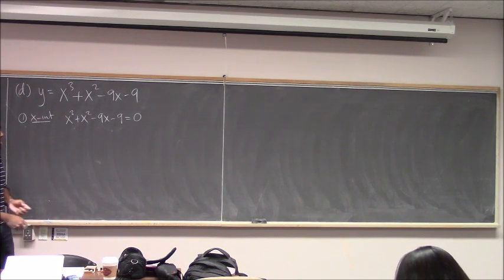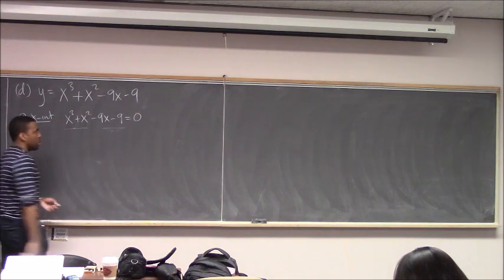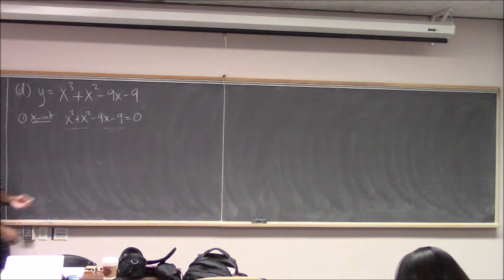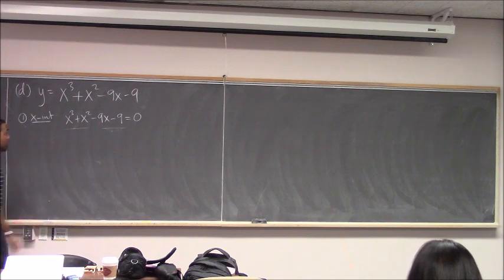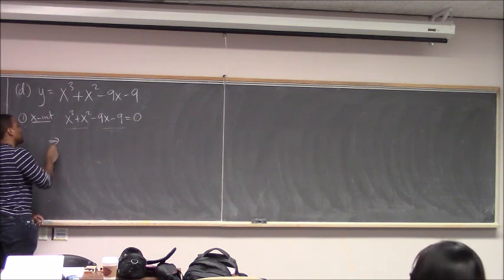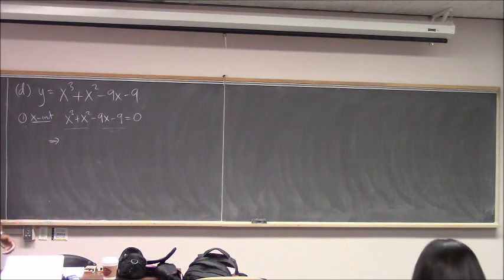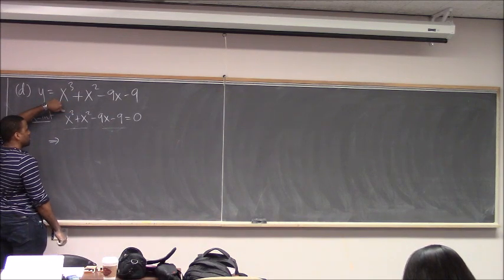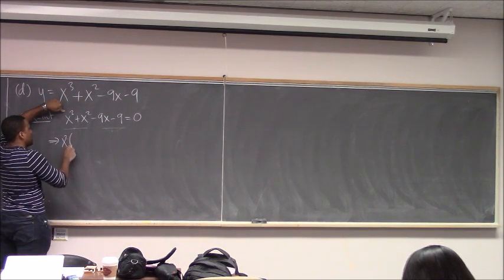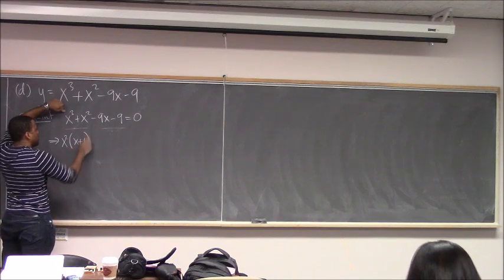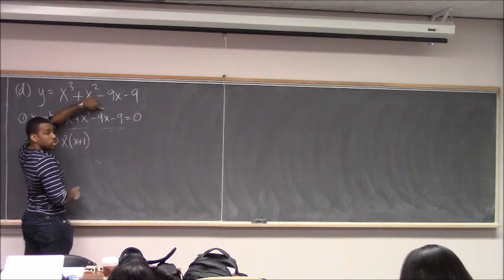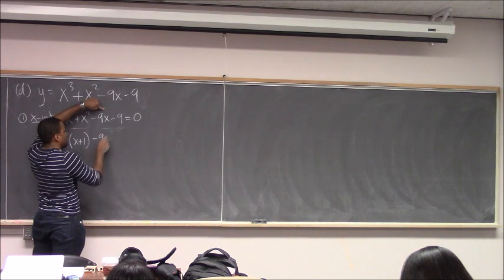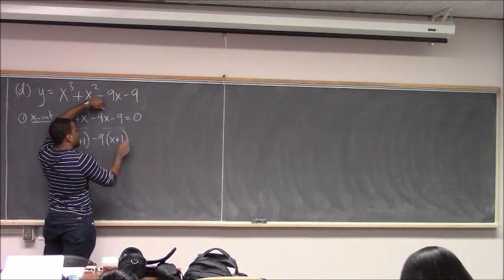Factor by grouping means we're going to group them, pair them off, and then try to factor common terms out of each pair separately. Now, the hope is that what's left over in the parentheses will be a common term afterwards. Common term between these two: x squared. So I'd be left over with an x plus 1. Common term between these two: minus 9. So I'd be left over with an x plus 1.